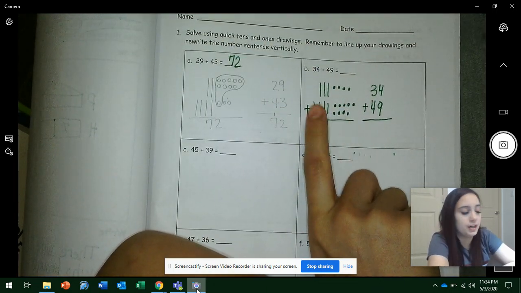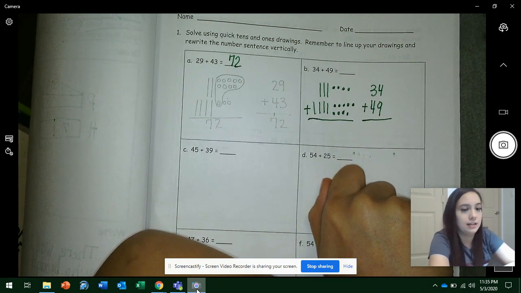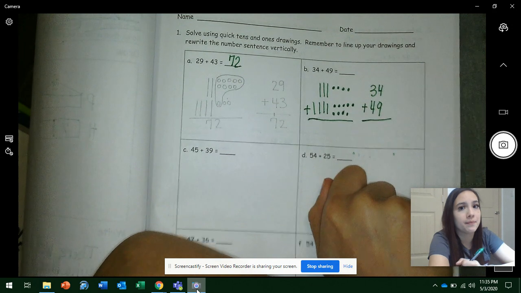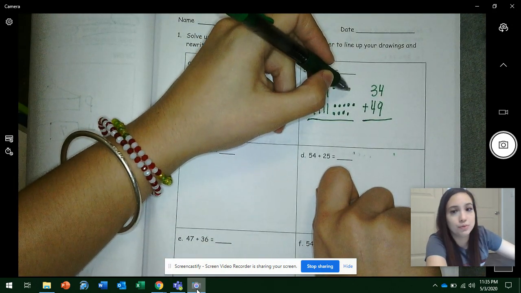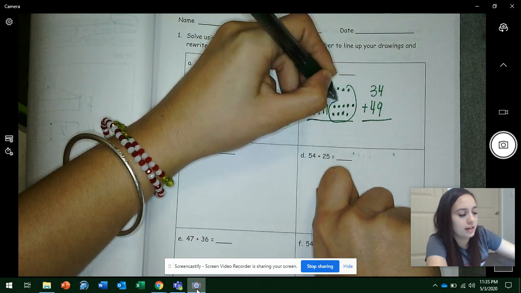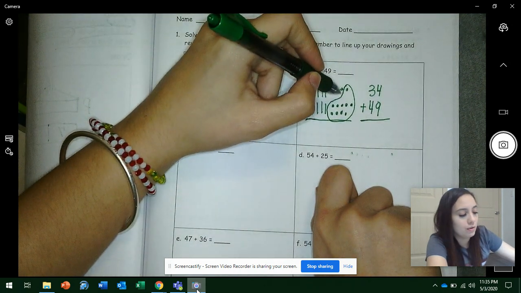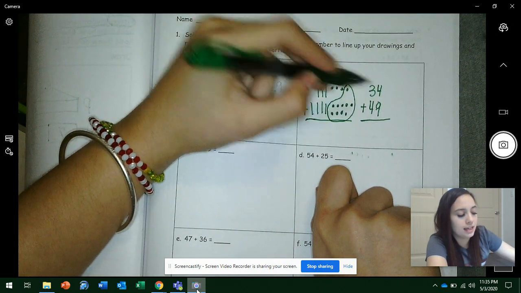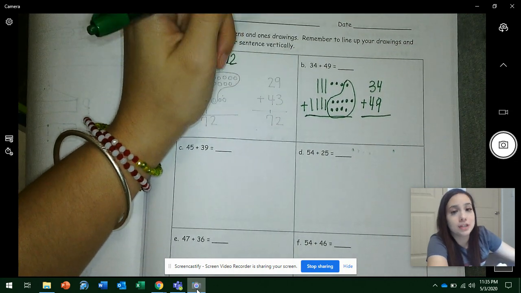And now we're going to look at the ones and say, can we make a 10? Can we? Get ready? Yes, because we know that 9 needs one more to make 10. So we're going to circle 1 from here and the 9 at the bottom, because we know that makes a 10. So we know that 4 plus 9 is, get ready, 13.